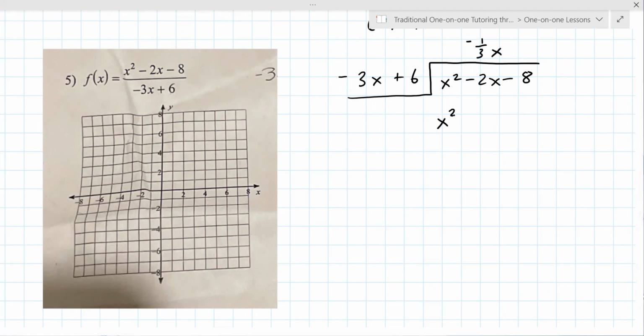Okay. So the x squared comes from the minus 1/3 x, because the negative times negative makes positive. The 1/3 times the 3 makes 1, which we didn't write, and x times x makes the x squared.